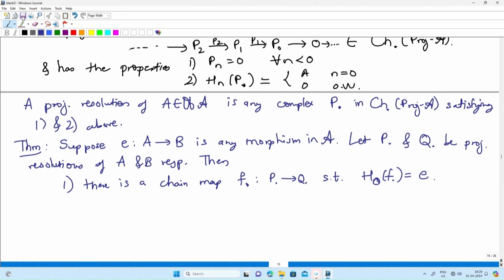And then the second one is that any two such chain maps, I mean chain maps which satisfy the first condition, are homotopic equivalent.